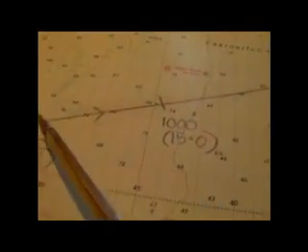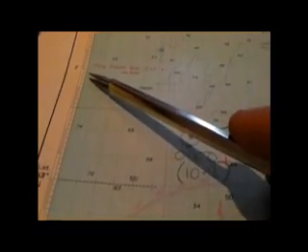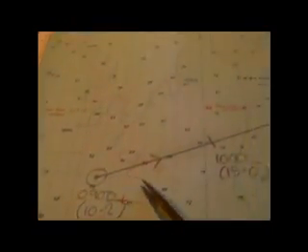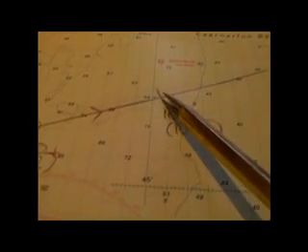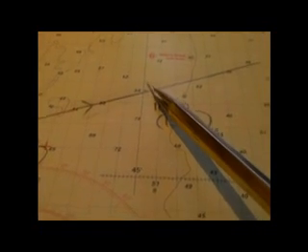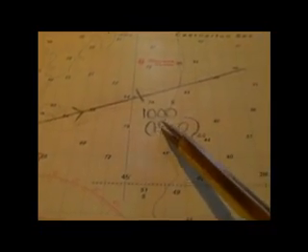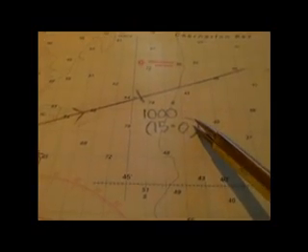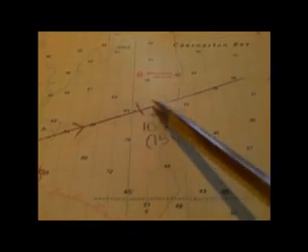And then I measured on the latitude scale, as we covered in the bearings and distance chapter, 4.8 nautical miles, because that's how far we've travelled in an hour. So I've measured that distance along there, and then I've drawn a line through, and then I've marked the time, and then 15 nautical miles we've travelled. So that will be a good dead reckoning point.